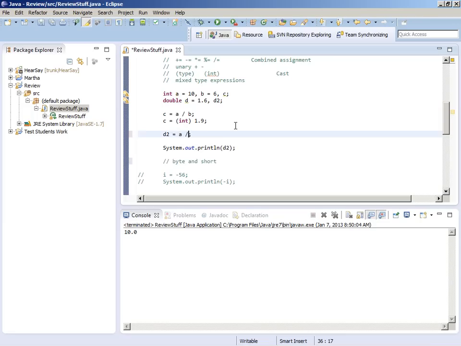Let's do some more, just a couple more mixed type expressions. So this looks like, well, it's all in double, right? And it isn't. The data type of the operator is decided at the time the operator is executed. A divided by B. When that's executed, the data type of the operator is int.